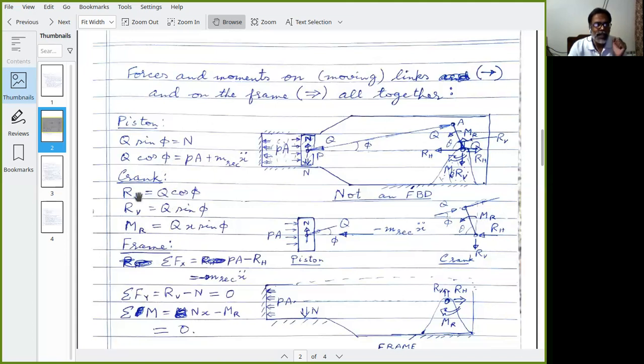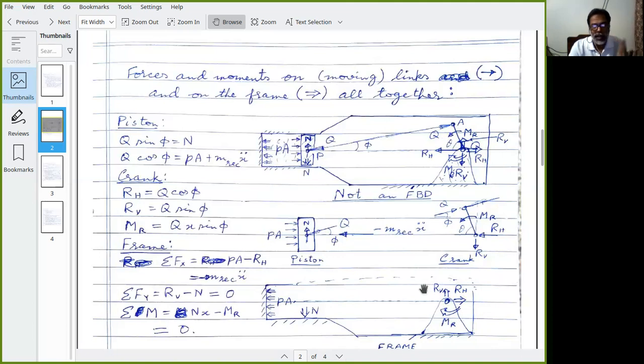Now comes the frame. Frame is this. The upper part has not been shown because all the forces have been shown on the lower part. PA here, this normal reaction here, RH here, RV here, and the reverse moment, equal and opposite MR. Now consider all the three equations from here.